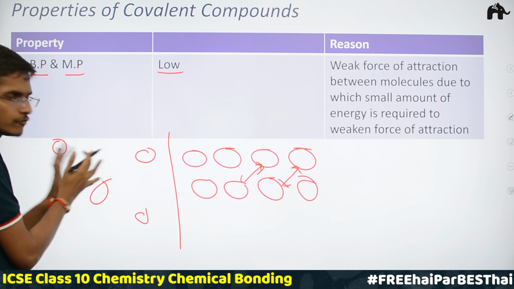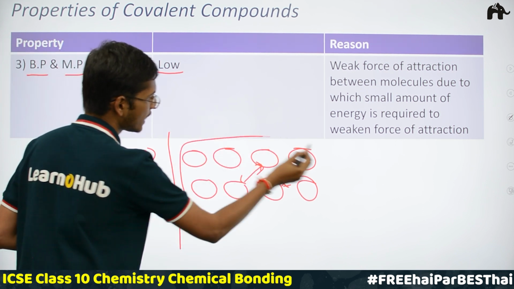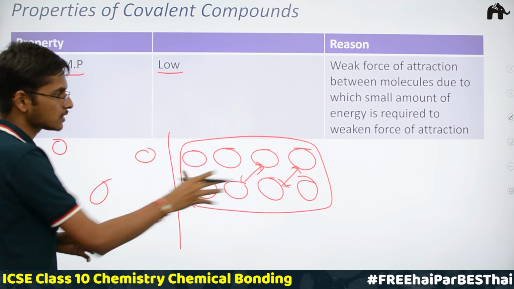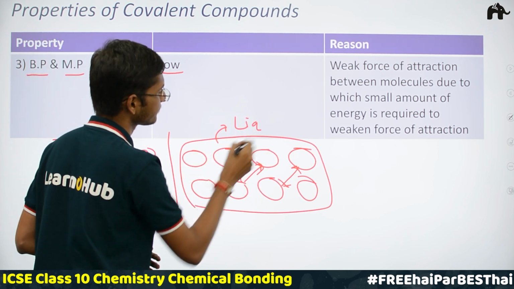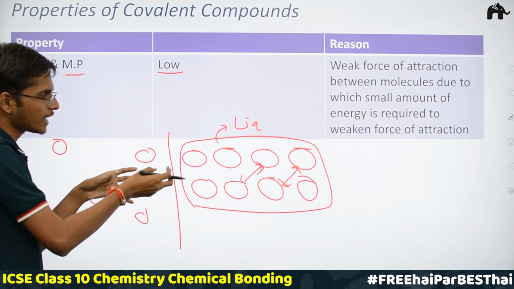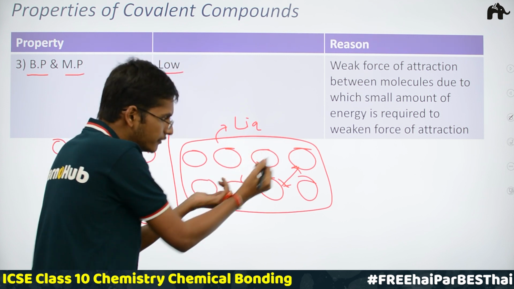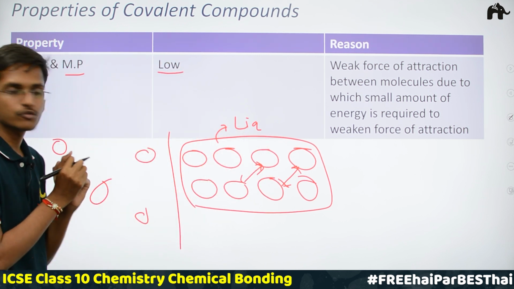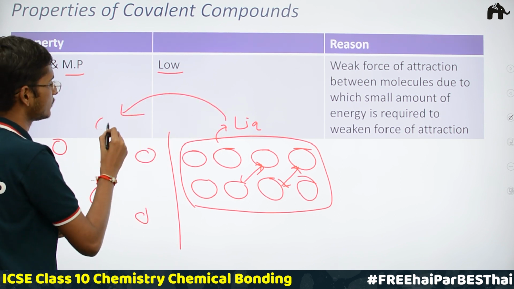Suppose the covalent compound is in liquid state. When we give a lesser amount of energy, it easily weakens the forces of attraction between the molecules. So molecules go far away and get converted from liquid state to gaseous state.